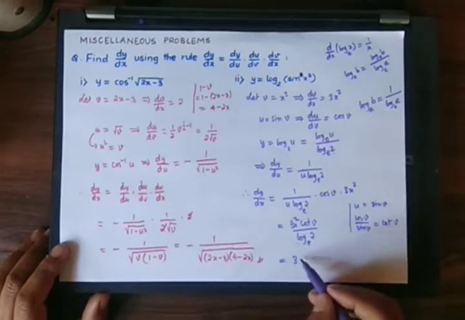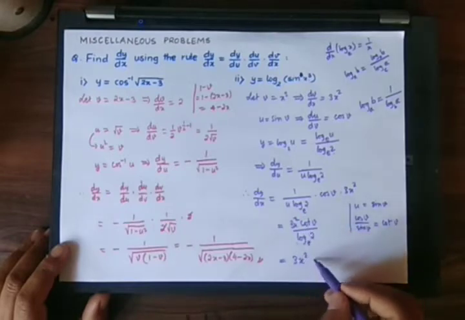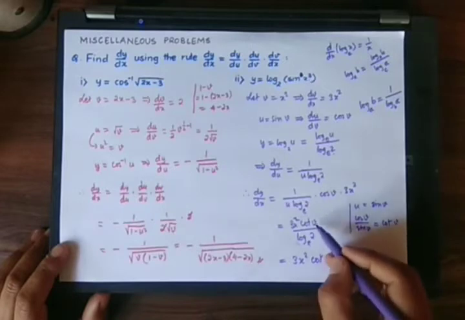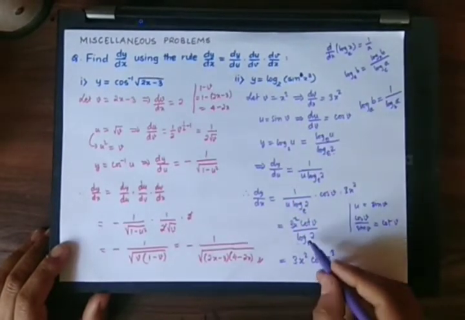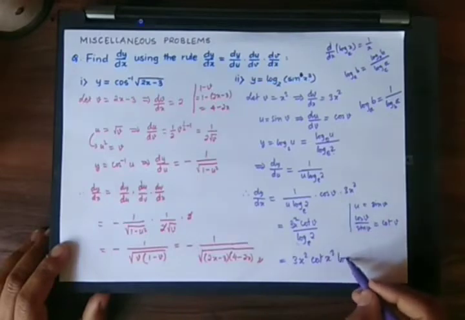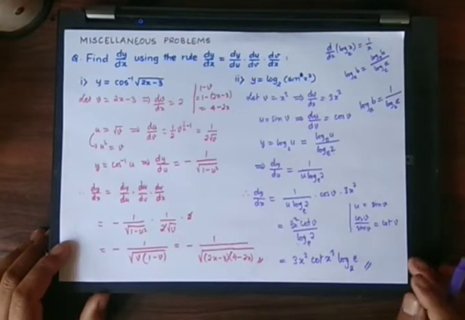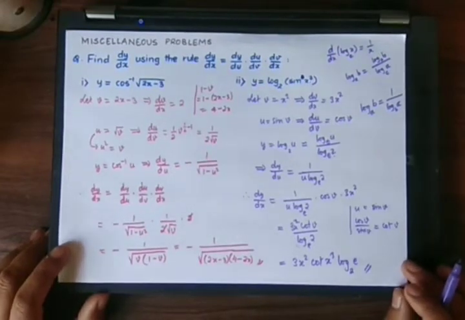So we have 3x squared cot v, and v is how much? v is x cube. So 3x squared cot of x cube, and this will go up to become log e with base 2. So this will be my answer. So pause the video to note down.